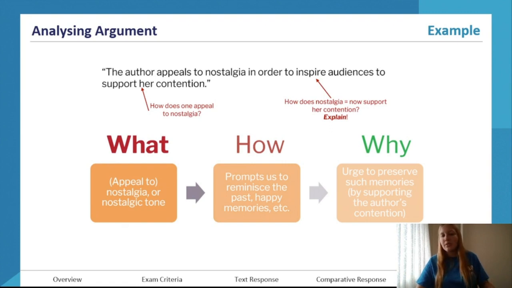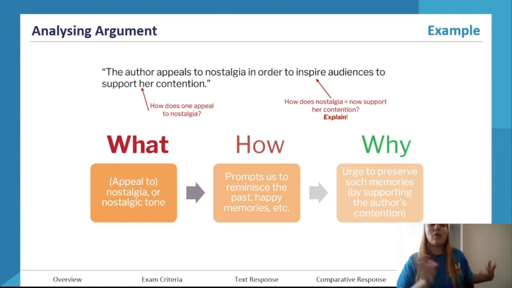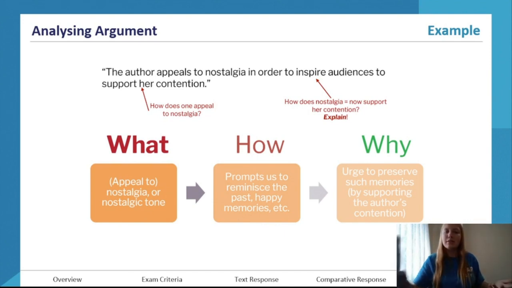There's an urge to preserve these memories by supporting whatever the author's contention or argument is. So you can see how in this example where the how and why links are missing, the whole thing reads as if everything is missing, right? So avoid that in your own writing. Try to do the what, how, why process of analysis every single time. I really recommend it.